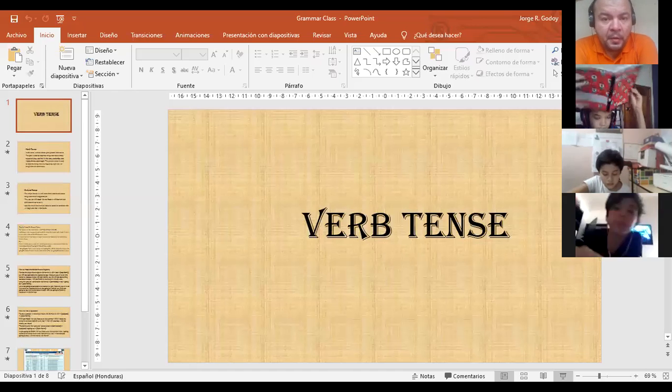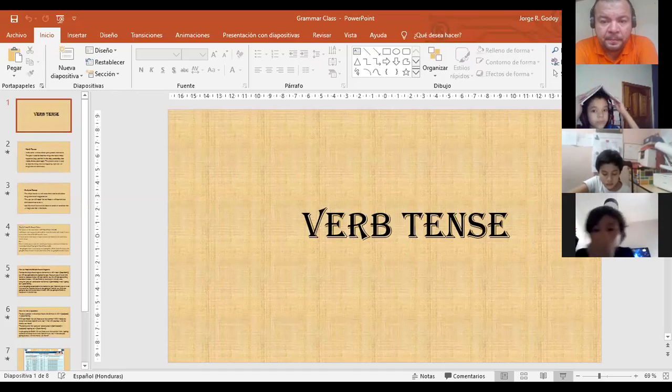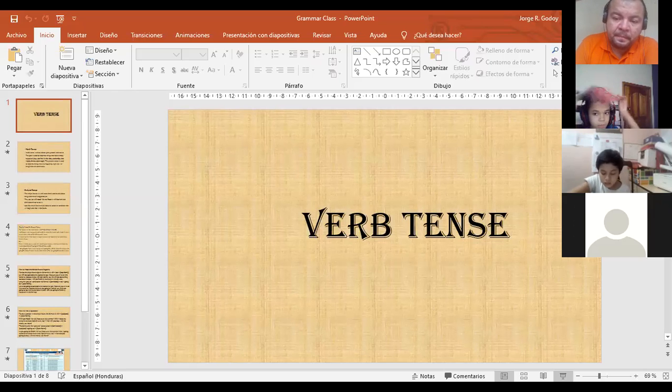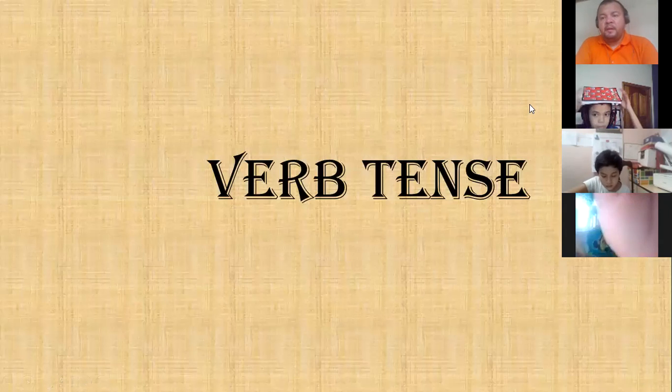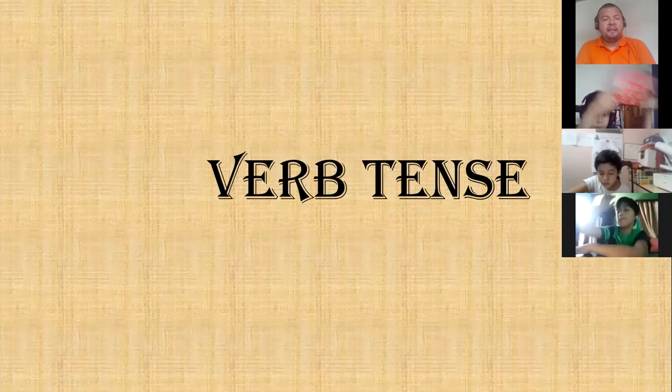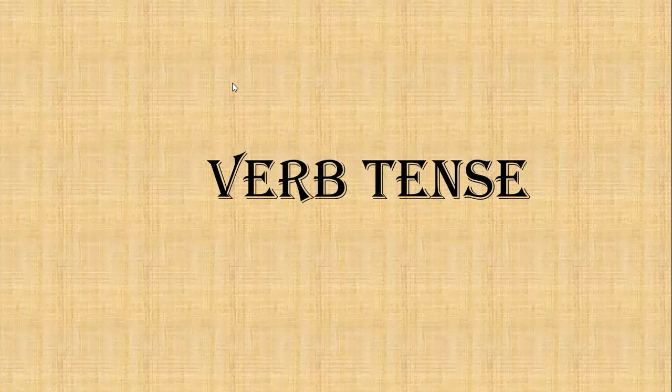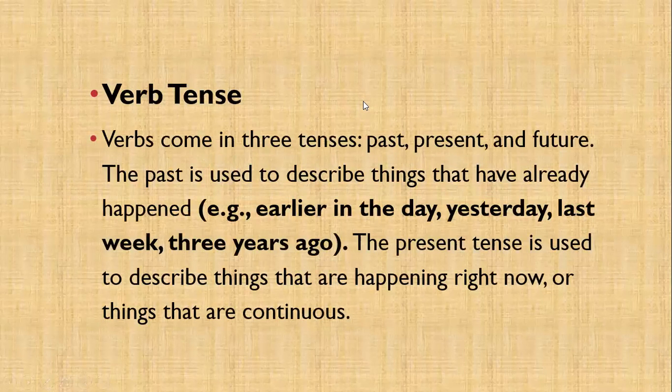Let's talk again about what a verb tense is. If you remember, verb tense comes in three tenses: past, present, and future.